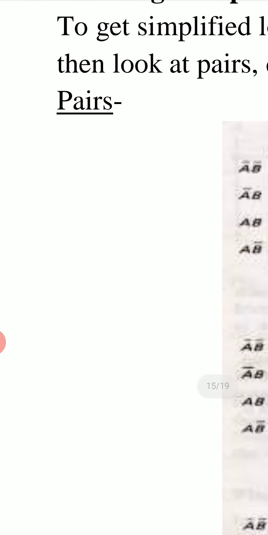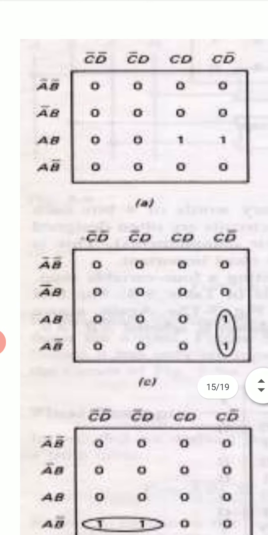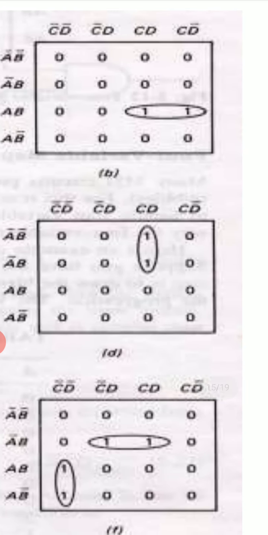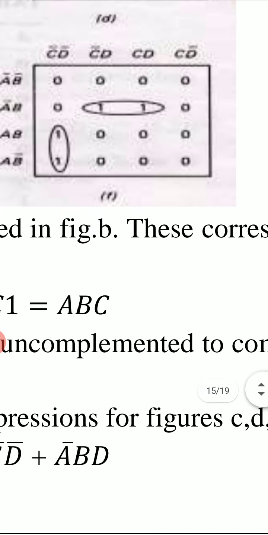First look at pairs. If this is the Karnaugh map, we have a pair of ones which is encircled in this figure. In this figure we have two pairs of ones.